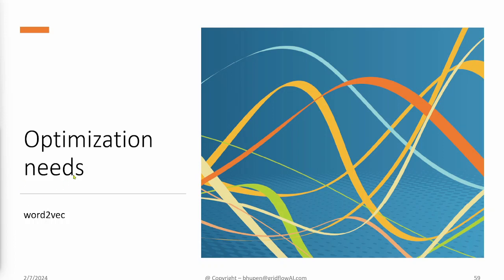In the previous few sessions, we talked about how we train Word2Vec and what the optimization possibilities are. One of the methods that we discussed previously was hierarchical softmax. We'll continue the discussion of optimization for Word2Vec with one more technique called negative sampling.